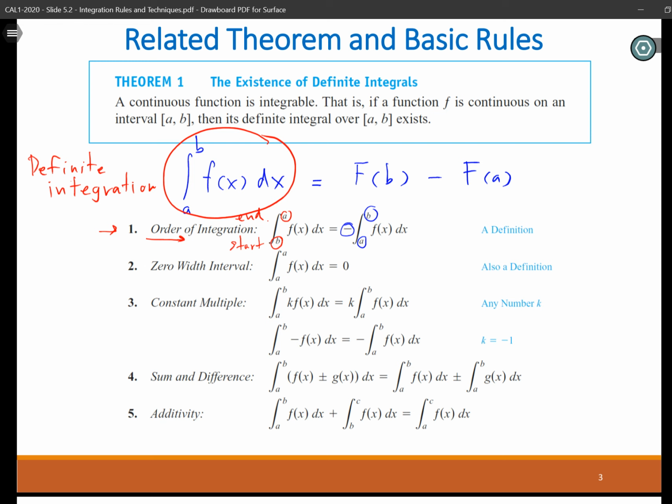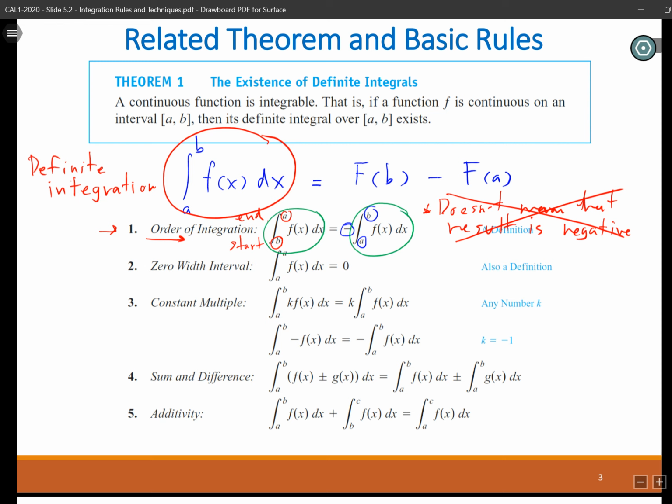This doesn't mean that the result is going to be negative. Very important. What this means is that whatever you have from the beginning, if it's positive and if you switch that order, it's going to become negative.